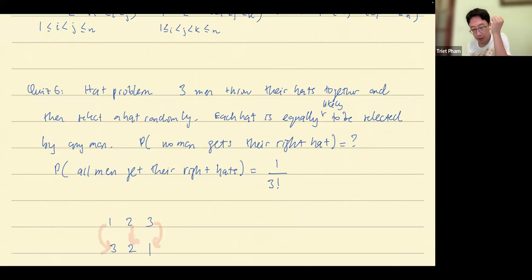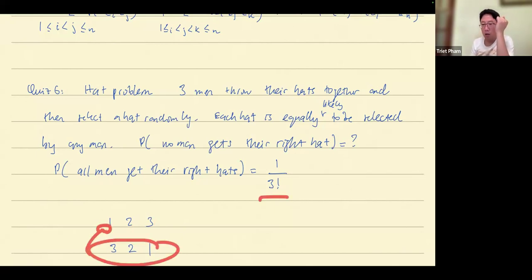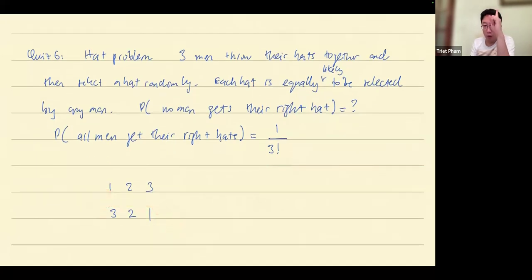There are 3 factorial ways to assign the hats to the gentlemen, out of which there's only one way to have everyone having the correct hat, which is 1, 2, and 3. You see combinatorics at work here. That's exactly combinatorics for you. 1 over 3 factorial. Any questions so far?